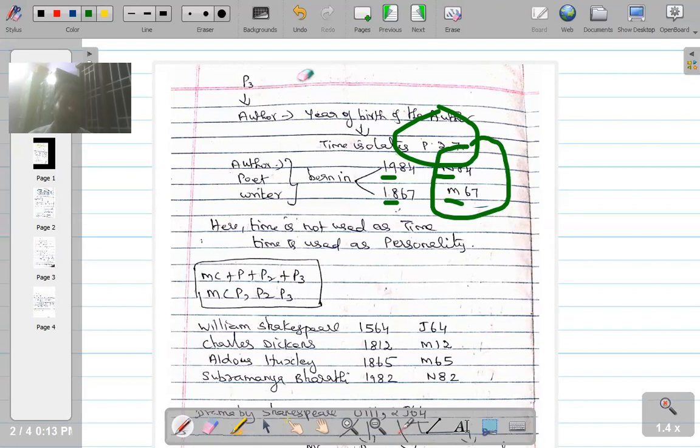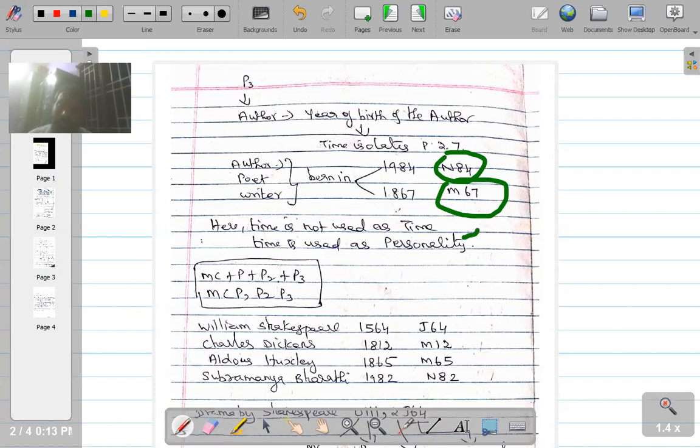But please understand, my dear students, though N84 and M67 are time isolates, they are not used as time isolates; they are used as personality. Time isolates are used as personality in the main class O literature.